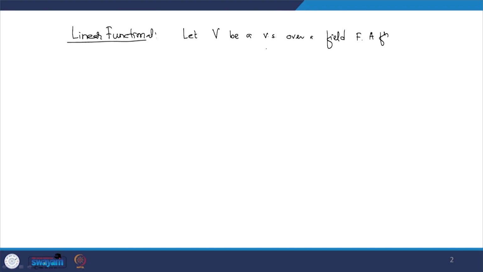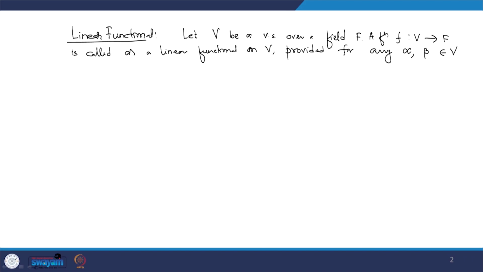Let V be a vector space over the field capital F. A function f from V to capital F is called a linear functional from V to F, or linear functional on V, provided for any alpha and beta belonging to capital V and scalar C belonging to capital F, f of C alpha plus beta equal to C times f of alpha plus f of beta.